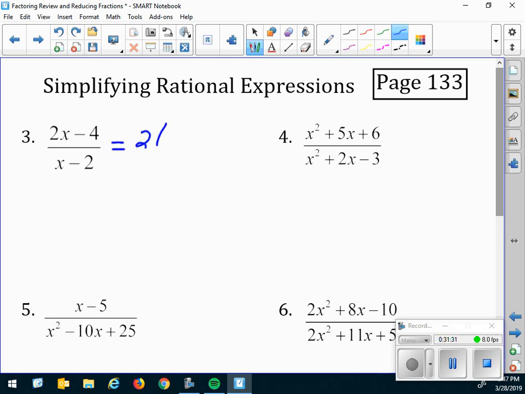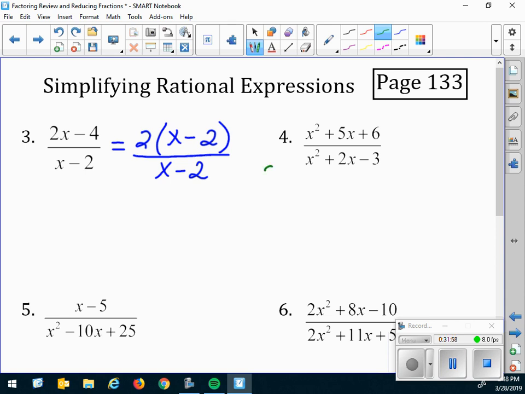2 times, divided by x minus 2. Is that finished? No. Remember, this says 2 times x minus 2 over x minus 2. That x minus 2 is the same, right?